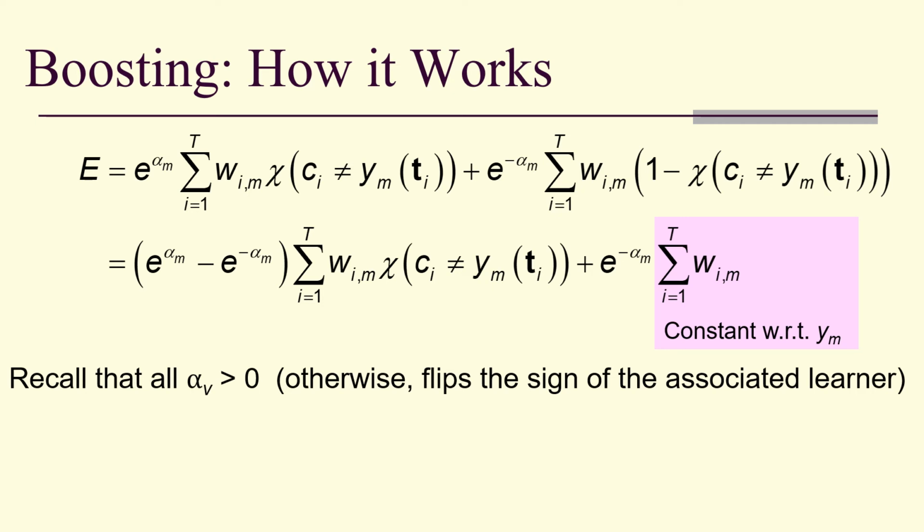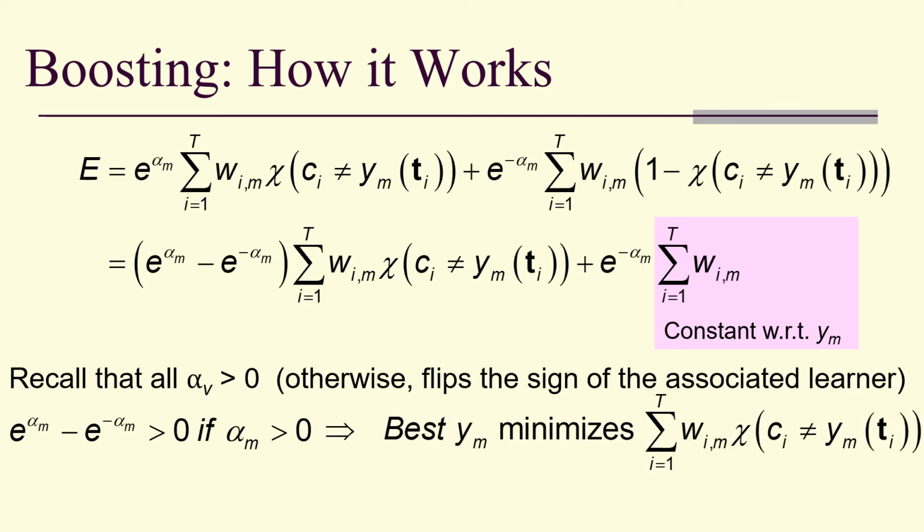So recall that alpha m should be greater than 0 because it should not flip the sign of the associated learner. Therefore, e to the alpha m minus e to the negative alpha m is greater than 0 if alpha sub m is greater than 0.